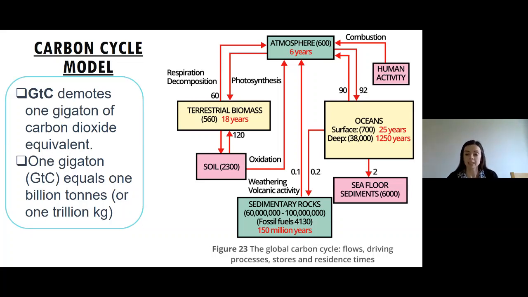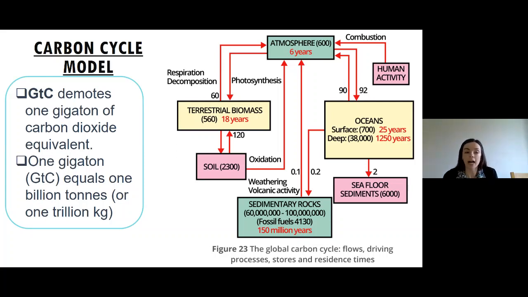In brackets in each box, we have a number, and this shows the amount of carbon in gigatons, and 1 gigaton is 1 billion tons, and it is shown like this on the screen on the left here, GtC, gigatons of carbon. And that's the most common unit in this unit of work when we're looking at the global cycle.